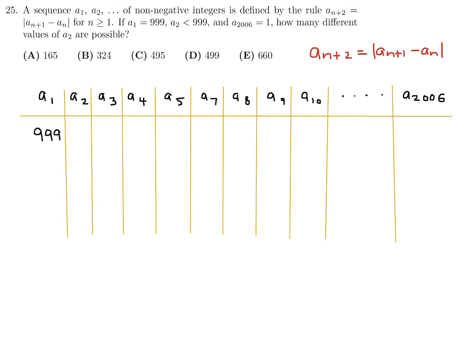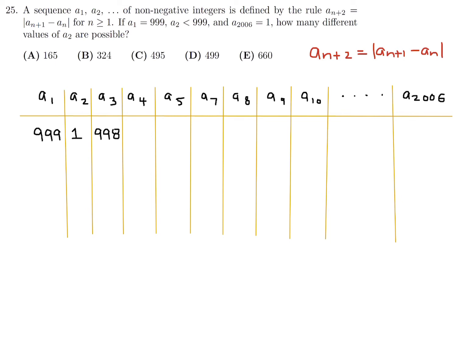All right, so here we go. I have to start somewhere, right, with A2. They're saying that A2 is less than 999. So I'll start with 1. And if that's the case, and I start using this rule, let's see what happens. 1 minus 999 is negative 998, but I have to take the absolute value, so 998.